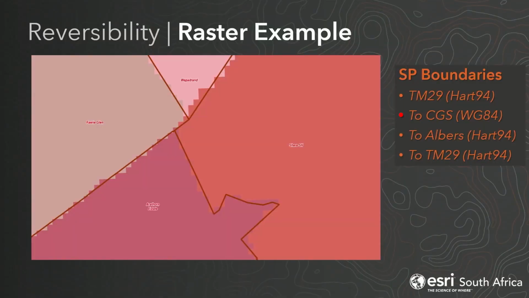Let me go one step further and reproject it to Albers, and then take it to the last one, where I take it back to Transverse Mercator. And here you'll see that boundary is not following the vector version of the same boundary, because you've resampled that data over and over again, and every time you do that resample, it's bringing in a slight error.